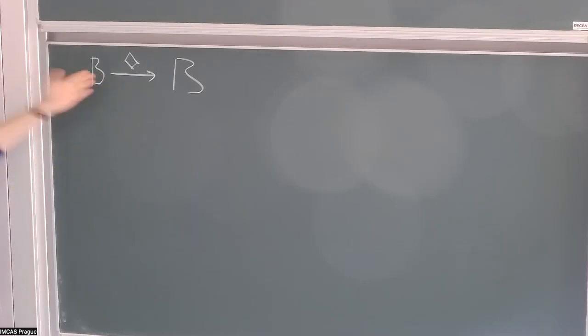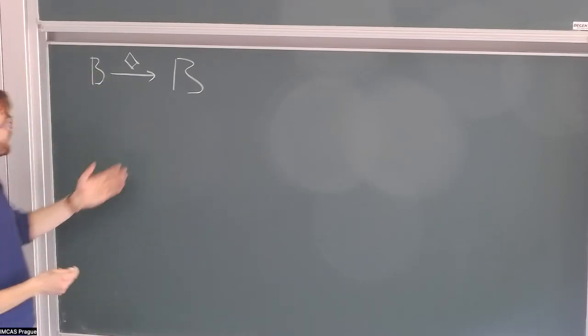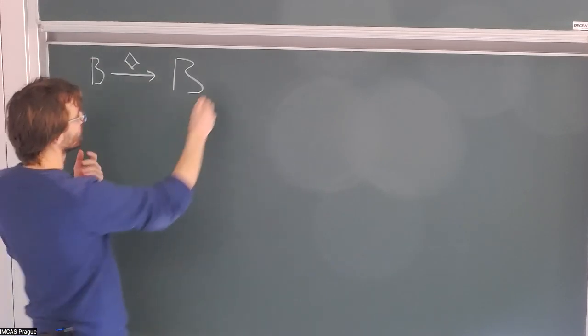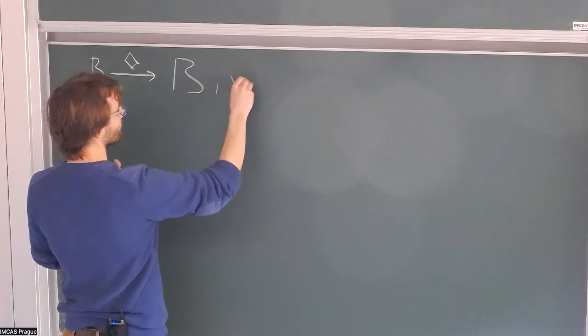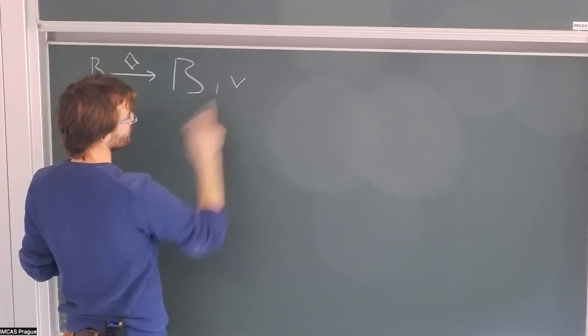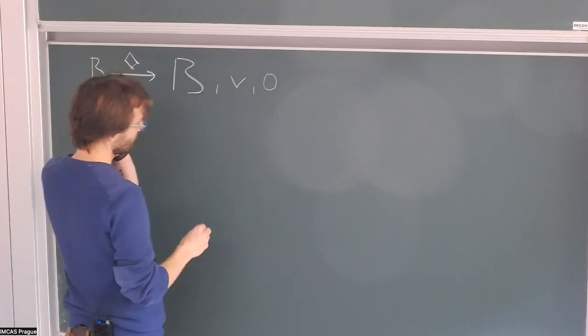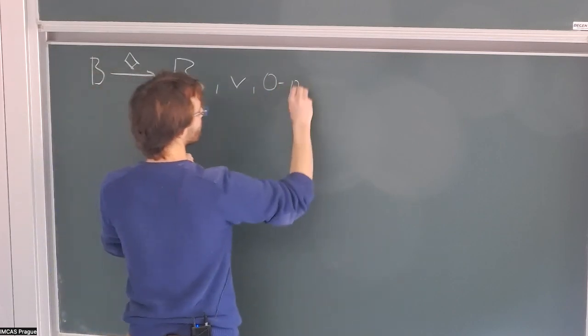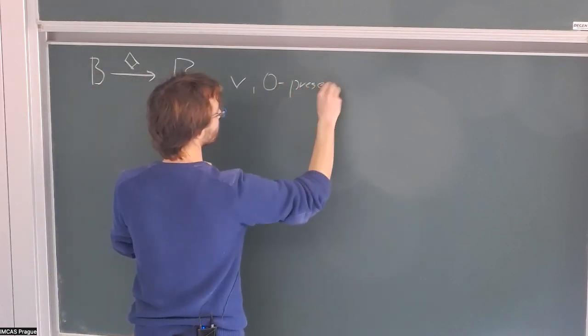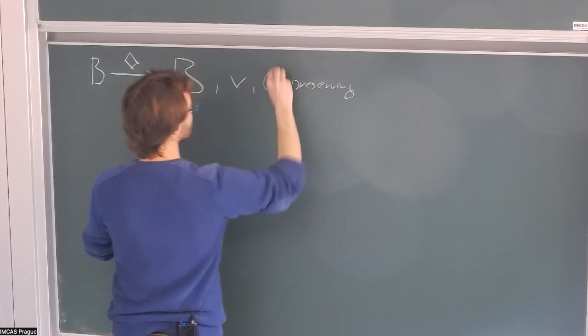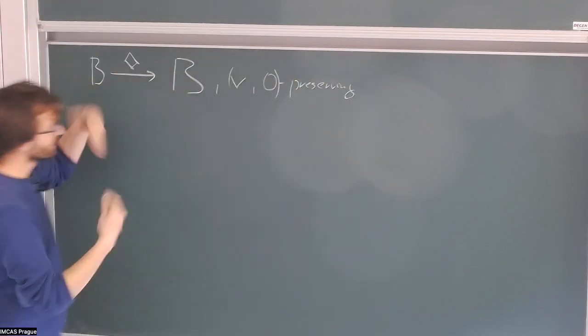We just have a unary operation, and we might assume something, for example, that it preserves binary joins and the bottom element. But that's not too important here. But this is the usual thing.